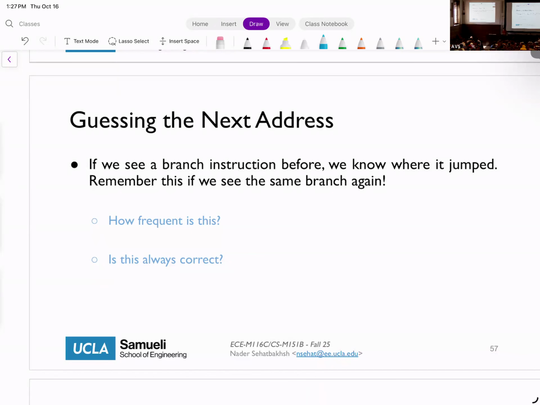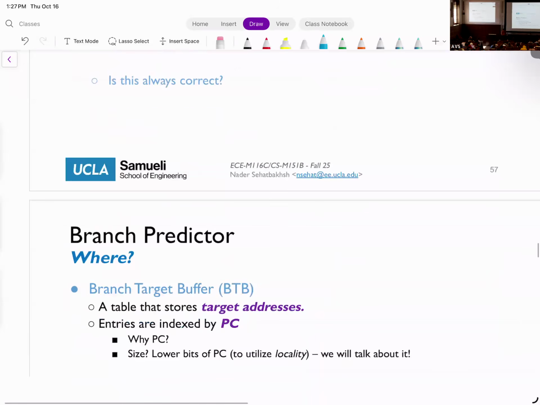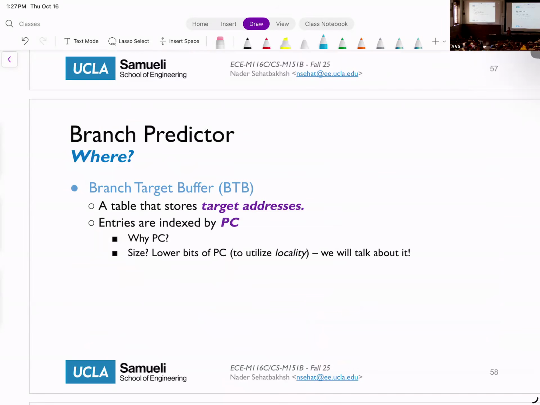You see a PC, yes. Each instruction is tagged by a PC, right? So you know exactly which instruction is which, because the PC is a unique identifier of each of the instructions. This is what we call a branch target buffer, or BTB.